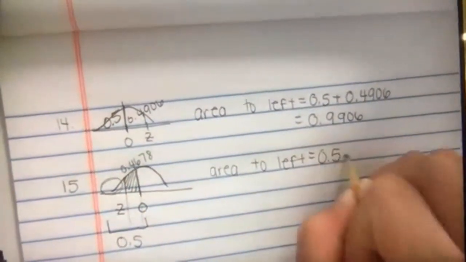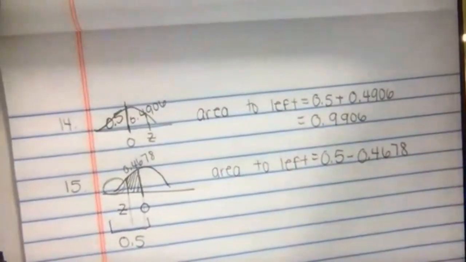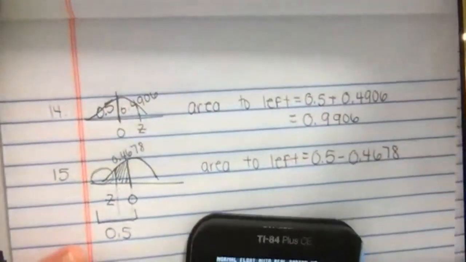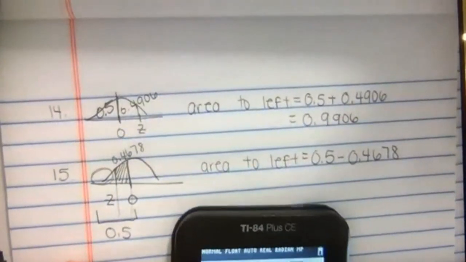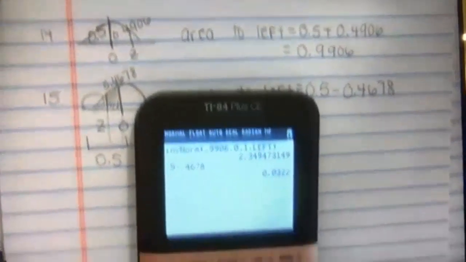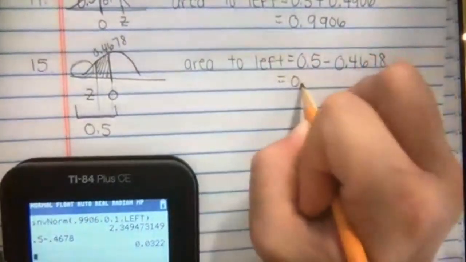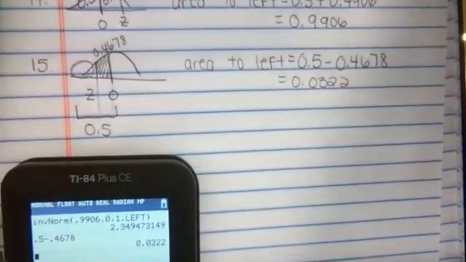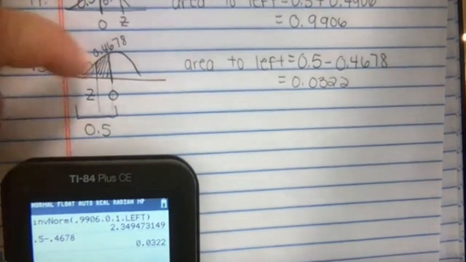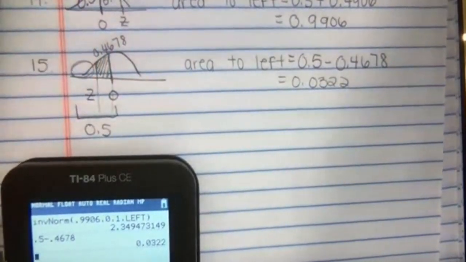So 0.5 minus 0.4678, and this will tell us our area to the left, which is 0.0322. So I use the picture to help me see, do I add 0.5 or do I subtract 0.5? Here, that 0.4678 is part of the half that I'm looking at, so that's why I subtracted it.